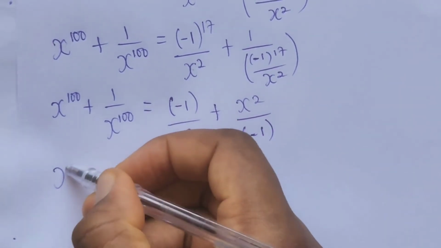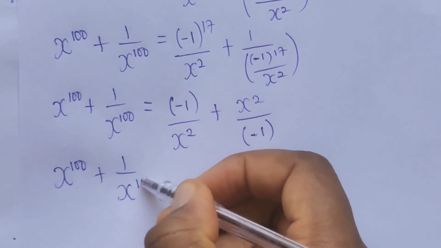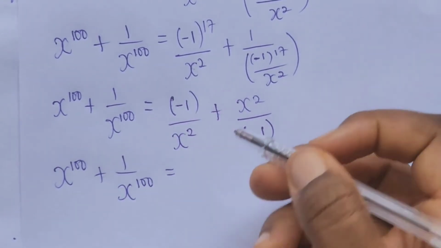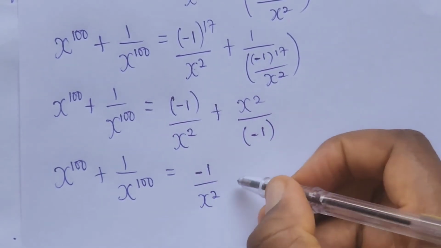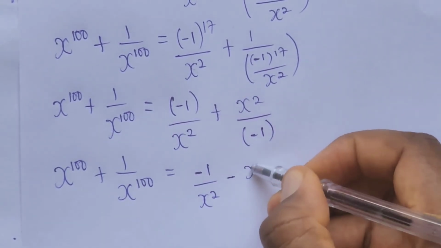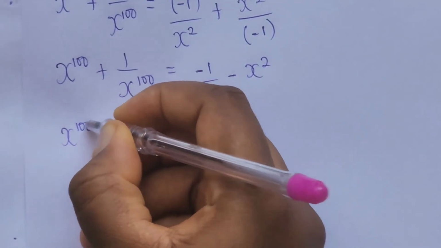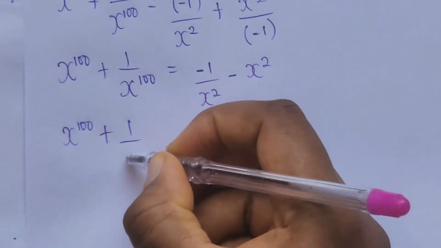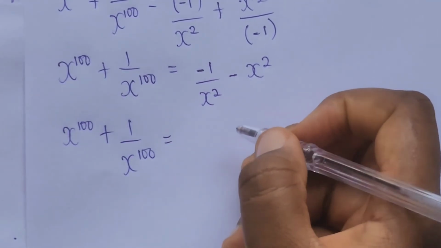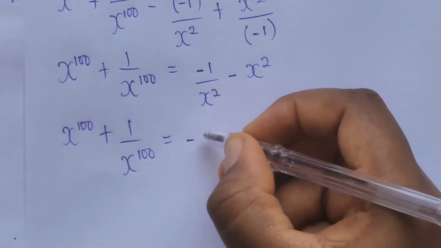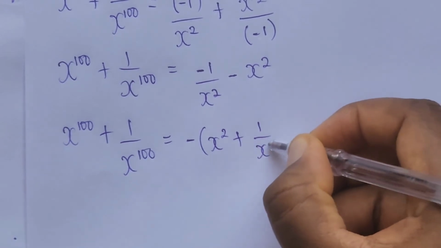So from here our x to the power of 100 plus 1 over x to the power of 100 will be equal to minus 1 over x squared minus x squared, which is minus x squared plus 1 over x squared.